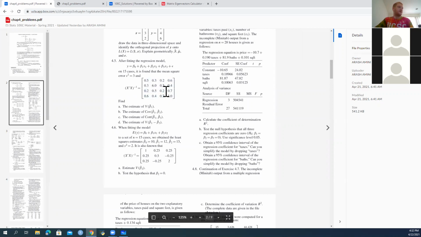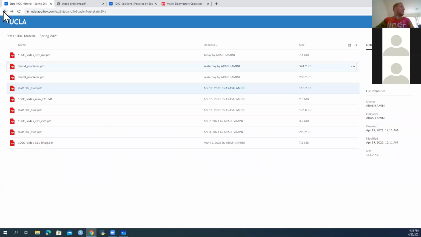Just use this matrix basically and find them, using the formula for the covariance of beta. So remember to use this basically. Okay.